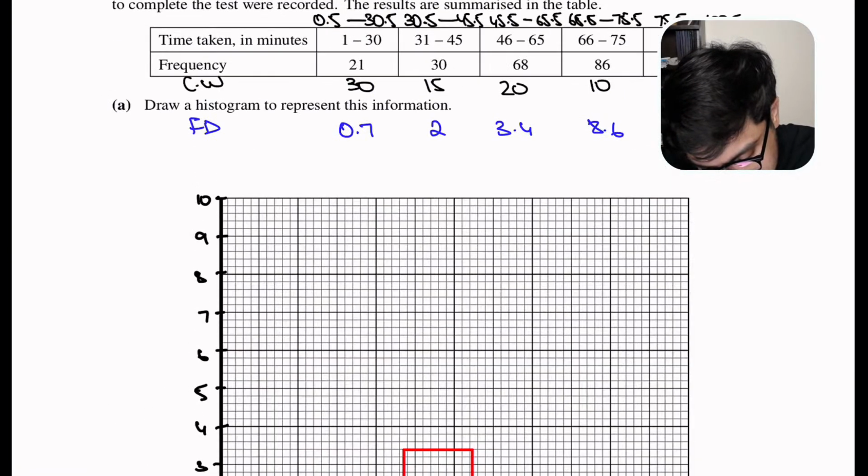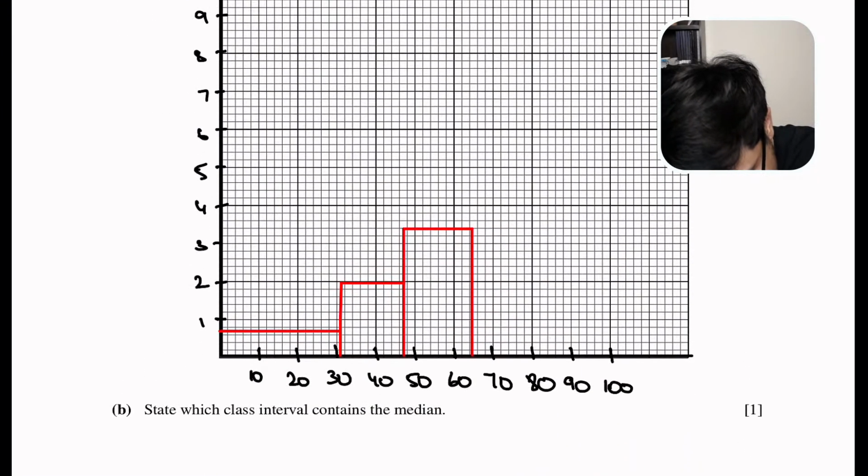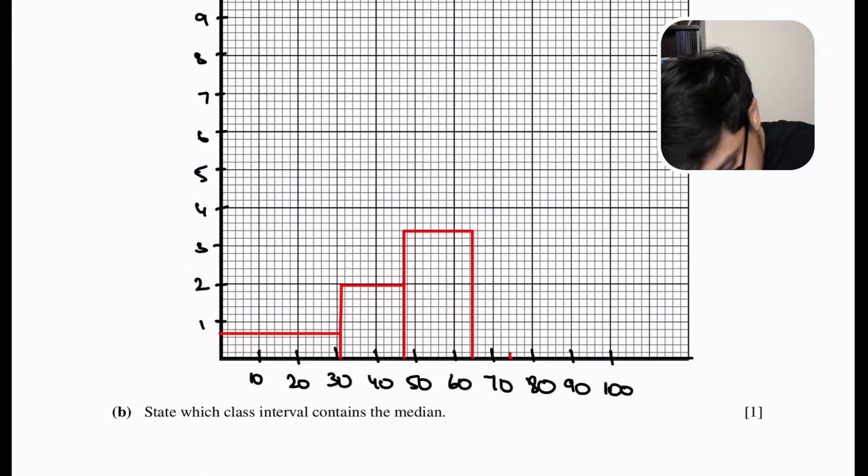Then we have to draw it till 75.5, and the frequency density is 8.6. So 75.5 is going to be somewhere over here.